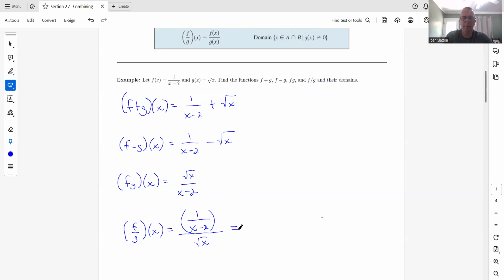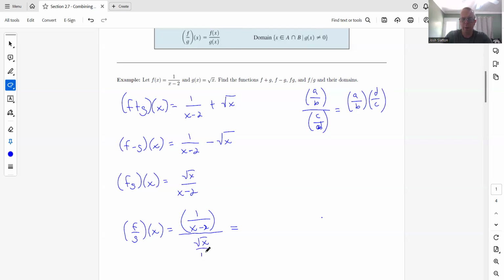I guess it is a complex fraction, technically. So when you divide fractions, let's say you're dividing a over b divided by c over d. Remember, you turn it into multiplication and you flip the denominator. And so that's how you divide fractions.